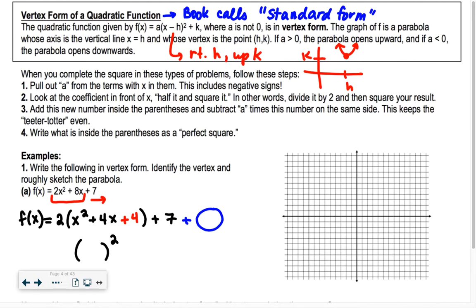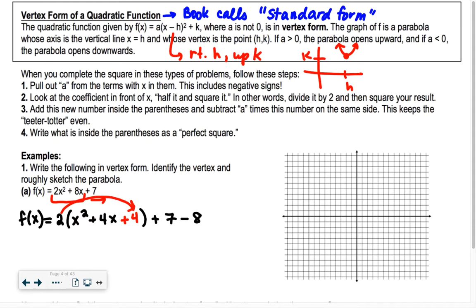Negative 7? No, the 7 was already there. Look right here: 2 times 4. So what did we really add? 8. We added 8, right? So we have to subtract out the 8. So we're undoing how we adjusted that side. And that's okay. Some people are like, why would we add 8 and then subtract 8? Aren't we just back to the original thing? Remember, we're trying to get it in the specific form. So there's a reason that we're doing this.